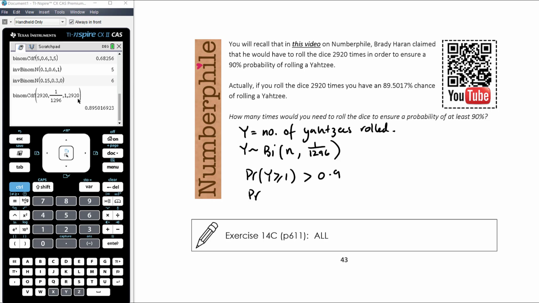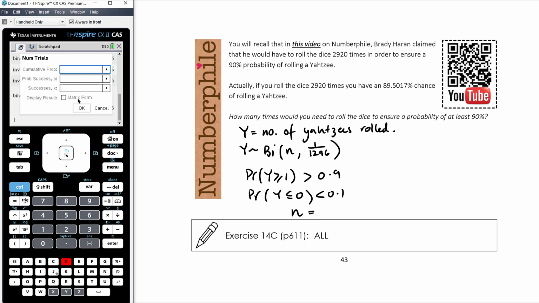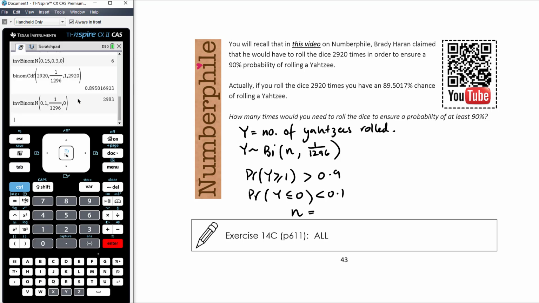So that is the same as the probability of rolling 0 or fewer Yahtzees, so 0 Yahtzees, has to be less than 0.1. So inverse binomial n, menu 55D, cumulative probability is 0.1. Probability of success is 1 in 1296. We want 0 successes, and we find that n is actually 2,983 rolls. So he actually has to roll an extra 63 rolls to genuinely ensure that probability will be 90% or more.